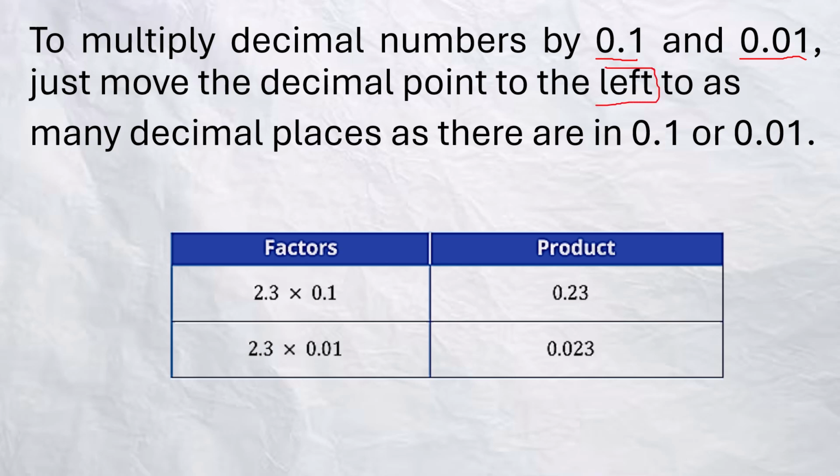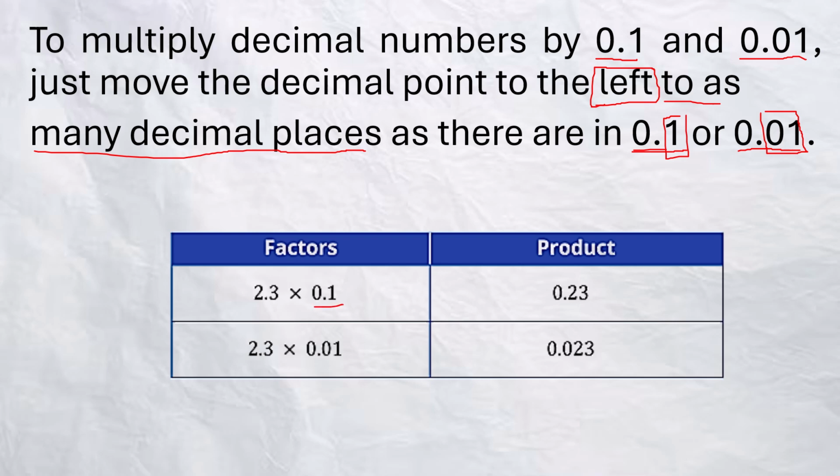For the second one, to multiply decimal numbers by 0.1 and 0.01, just move the decimal point to the left. A while ago it was to the right, this time to the left, since we're talking about the factors 0.1 and 0.01, as many decimal places as there are in 0.1 or 0.01. Take note that in 0.1, we only have one decimal place, while in 0.01, we have two decimal places. As an example, we have here 2.3 multiplied by 0.1.